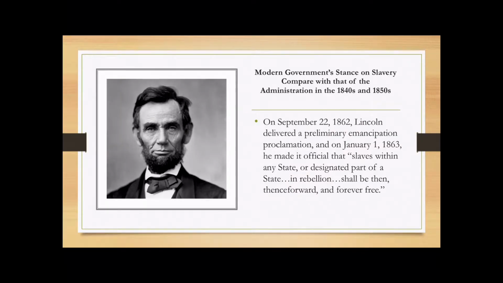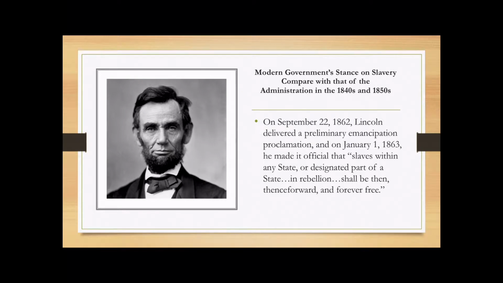On September 22, 1862, Lincoln delivered a preliminary Emancipation Proclamation, and on January 1st, 1863, he made it official that slaves within any state or designated part of a state in rebellion shall be henceforward and forever free.